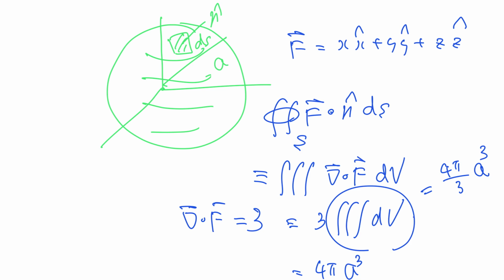So as long as divergence is constant, you can very easily integrate this, right? Even though the problem looks very complicated, you can do it very easily, right?